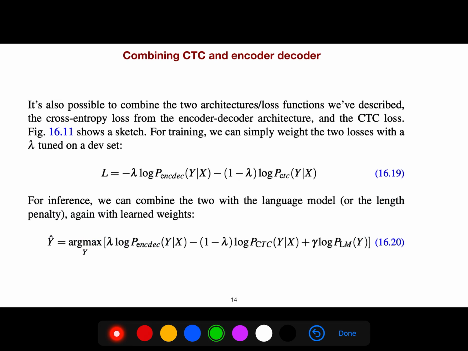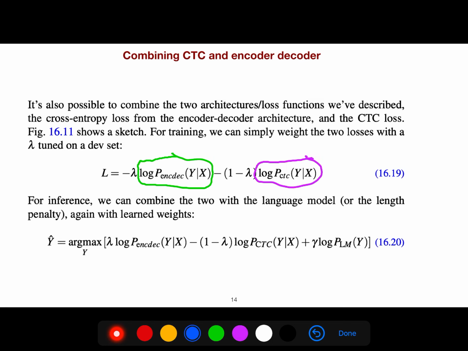Now, I explained the encoder-decoder architecture for speech recognition in the previous lecture. Now we are adding the CTC loss, and we combine the two losses, and this is enough for training.